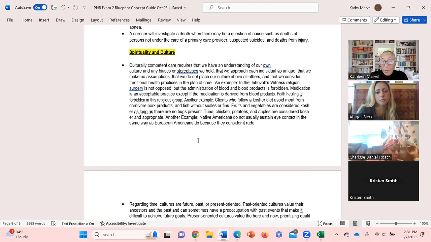We can't make assumptions. We can't be judgmental. We can't place our culture above others, right? We have to try and accommodate different cultures, attitudes, beliefs and values as much as we can into the plan of care, whether it be food preferences, practice preferences, visitor preferences, communication, right? As much as we can.